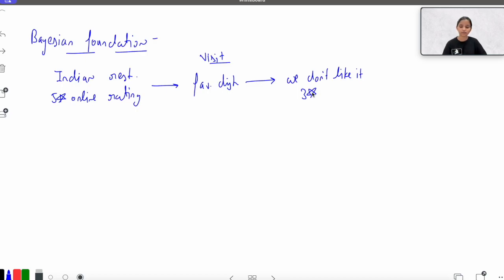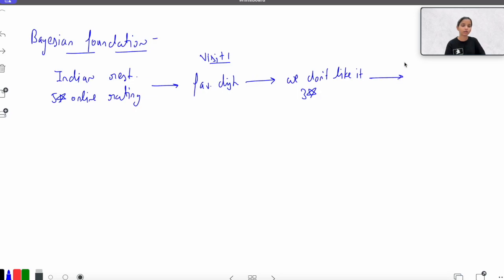Then you give the restaurant a second chance, because you might think there was some problem on that particular day, or something unusual about that dish. So you say, let's give it another shot, and you visit again. This is your visit 1.